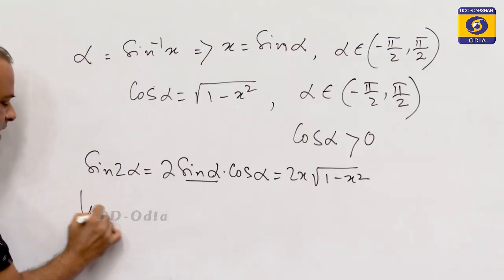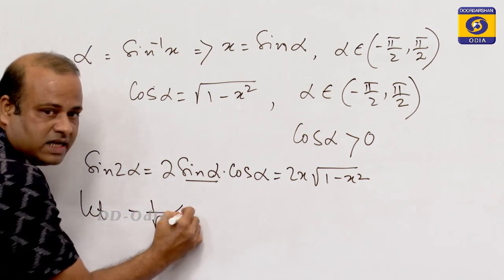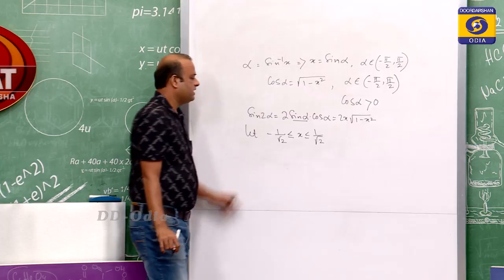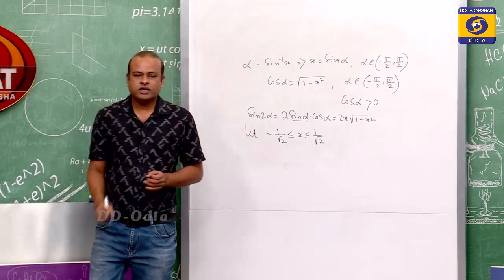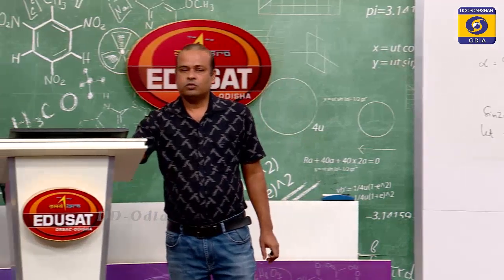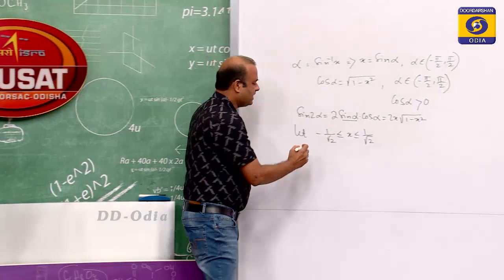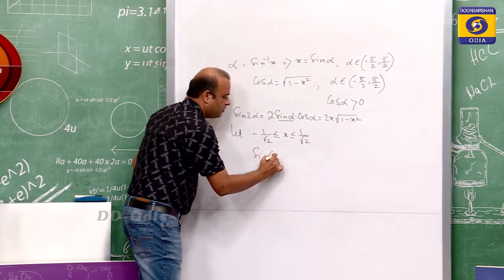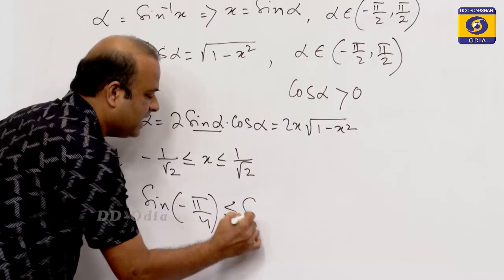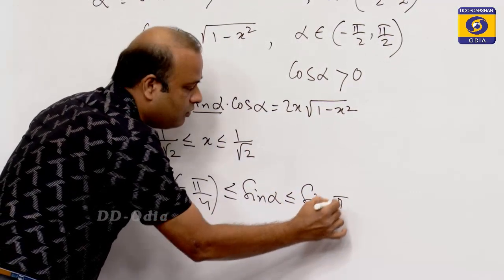But given that, x lies between minus 1 by root 2 and 1 by root 2. That is, minus 1 by root 2, I can write sin of minus pi by 4 less than or equal to sin alpha less than or equal to sin pi by 4.